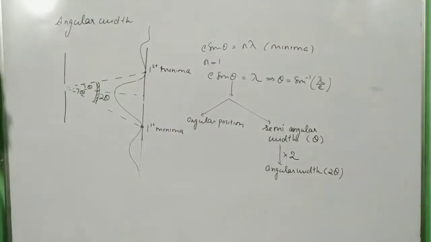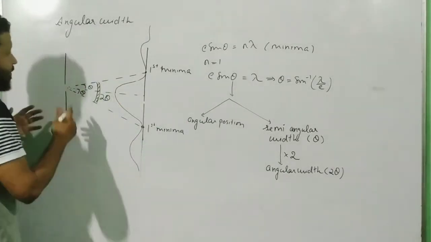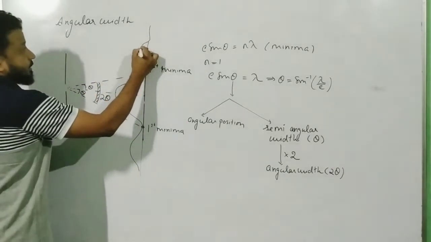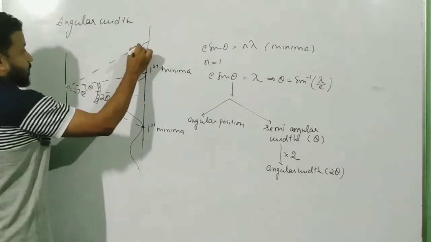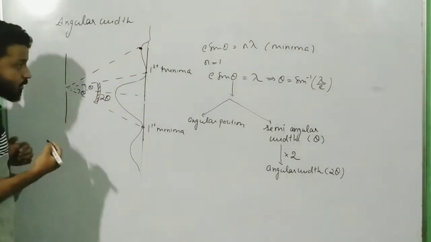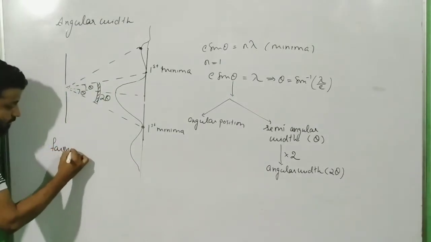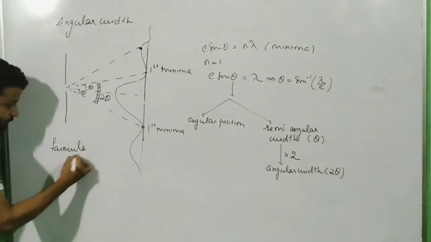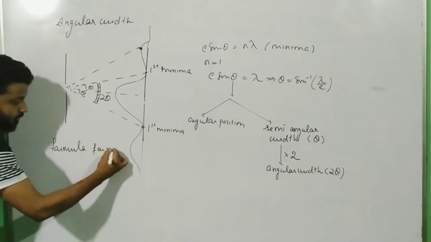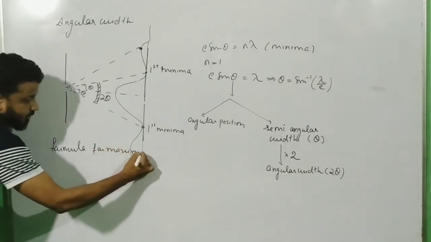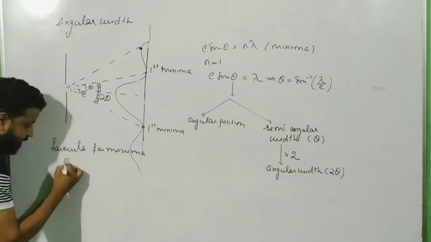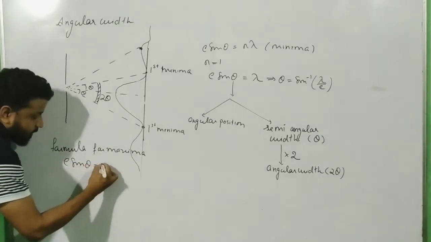This is the concept which they asked. And once, in one of the years, they asked the position of the first maximum. That means this one, the first maximum. We know the formula for maximum already. The formula for maxima is e sin theta equals (2n plus 1) lambda by 2.